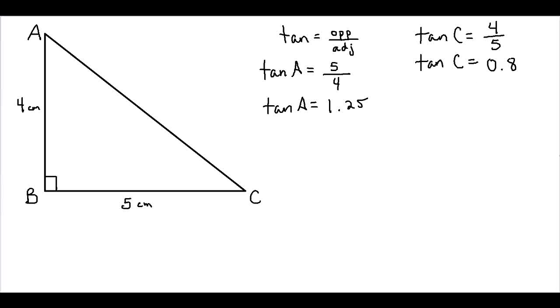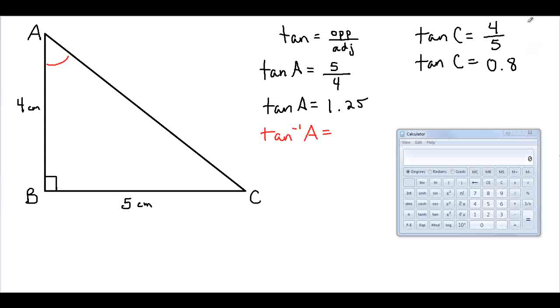Now, using these tangent ratios, we can determine the angle measurements of A and C. So to determine the angle measurement of angle A, tan A, we use the inverse tan function button on a calculator. Now on this calculator we have an inverse button that we must push that reveals the inverse trig functions.